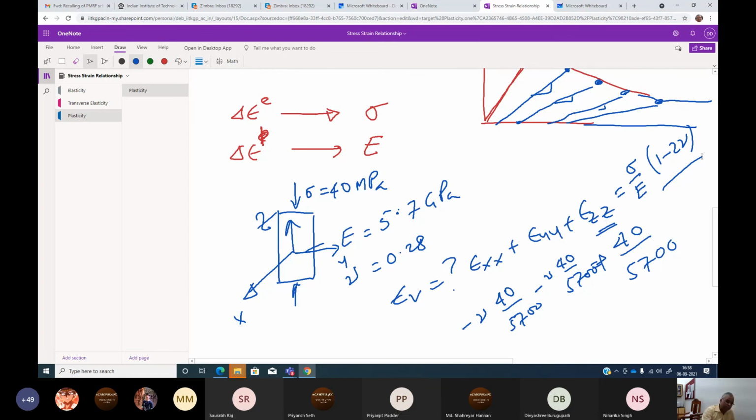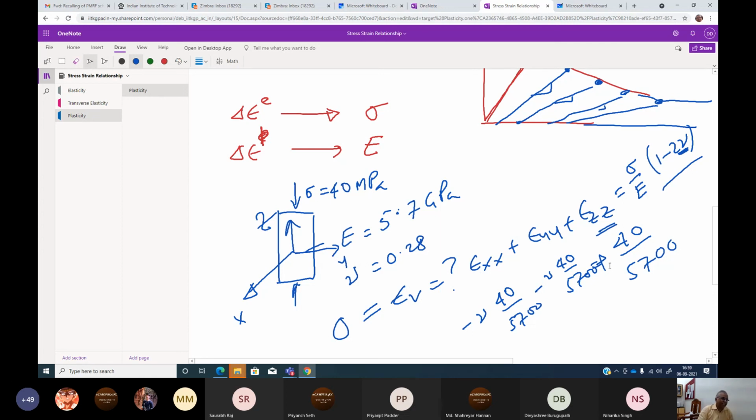And that's why the mu value maximum can be 0.5, which will happen only in water. And that's why water is said to be incompressible.